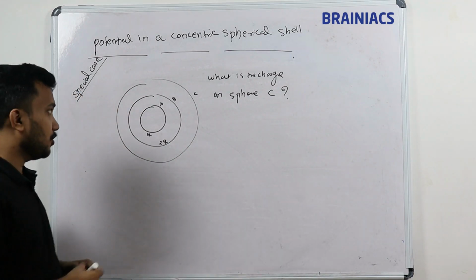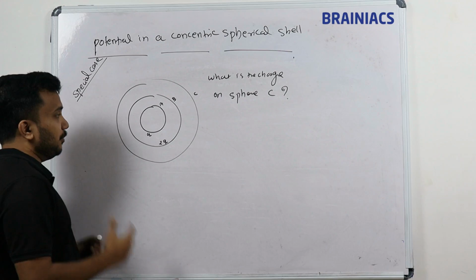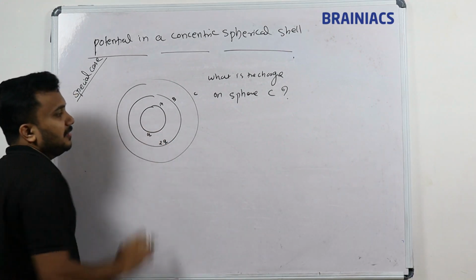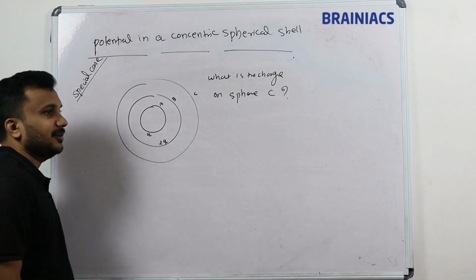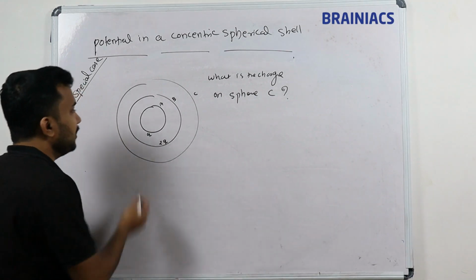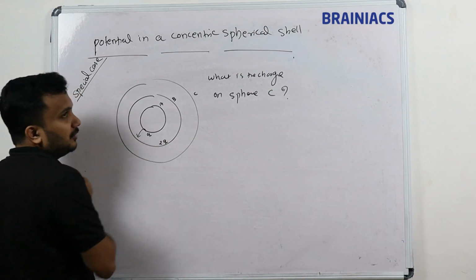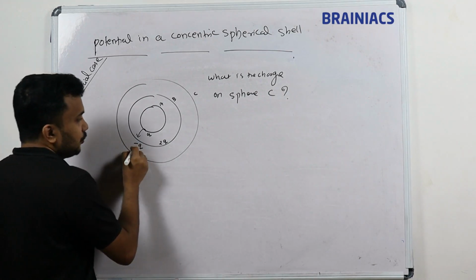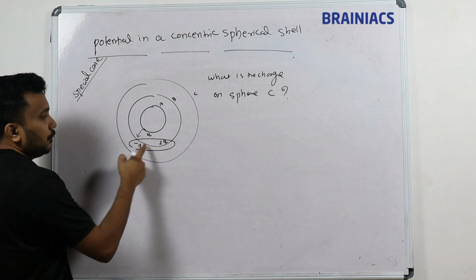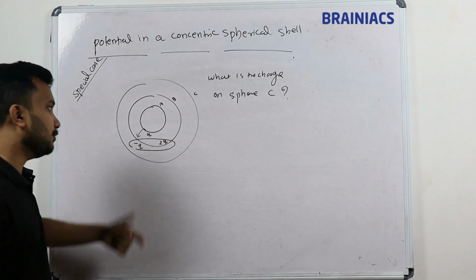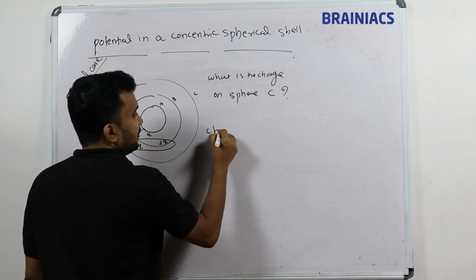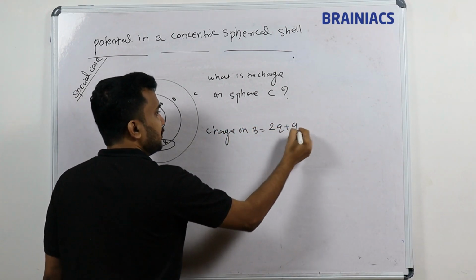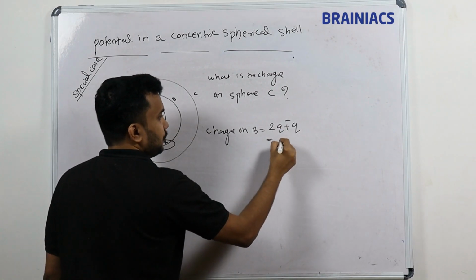Here you have to apply one important concept. If q amount of charge is on the inner sphere, then we have learned the charging by induction property. So what charge will be induced on this sphere? The opposite, minus q, will be induced here. So what is the total charge here? 2q plus minus q. So I can say charge on B is equal to 2q plus minus q, which is equal to q.